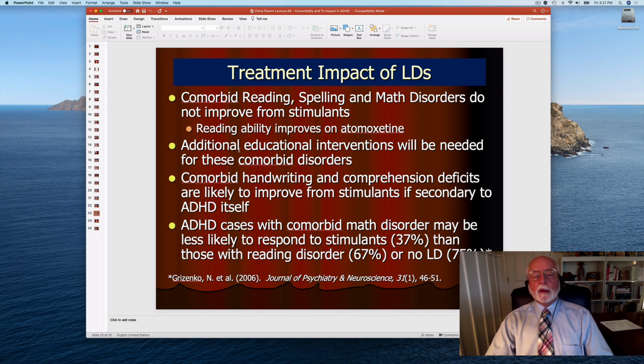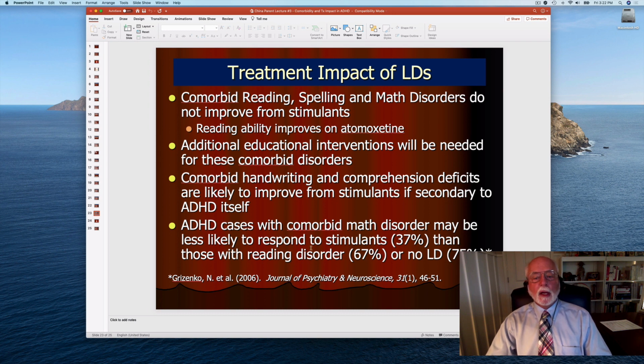Now, interesting, at least 2 or 3 studies have found that if an ADHD child has a coexisting disorder of mathematics, known as dyscalculia or arithmetic disorder, it markedly reduces their likelihood of responding well to the ADHD medication methylphenidate.